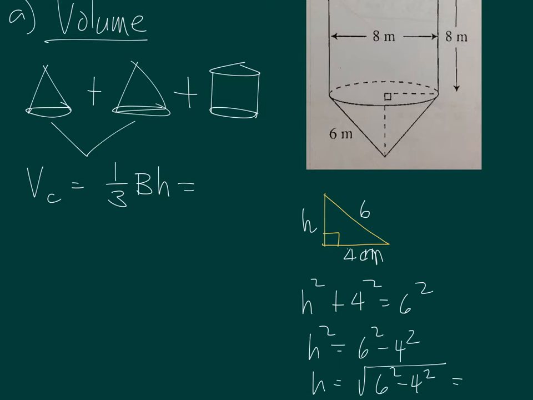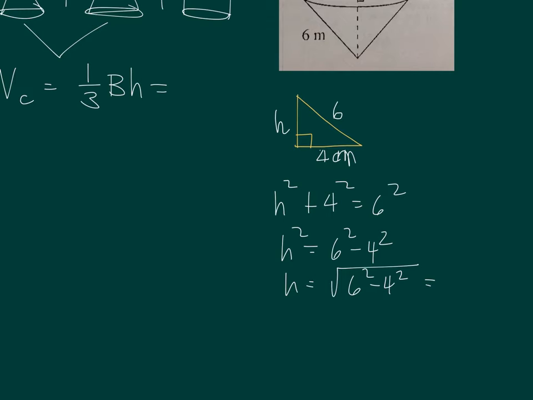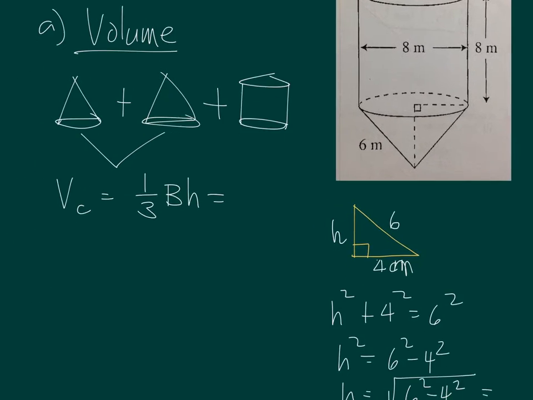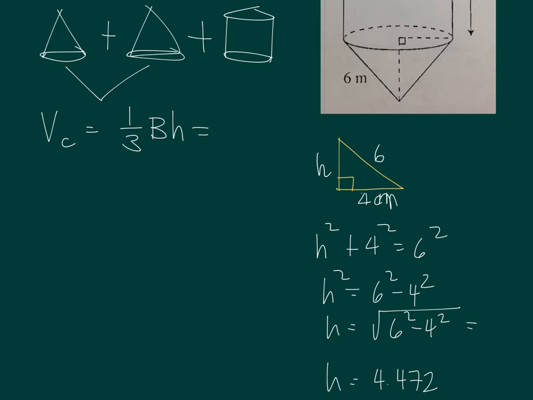The square root of 6 squared minus 4 squared is equal to 4.472. So h is equal to 4.472, which is actually the number already written on the figure.